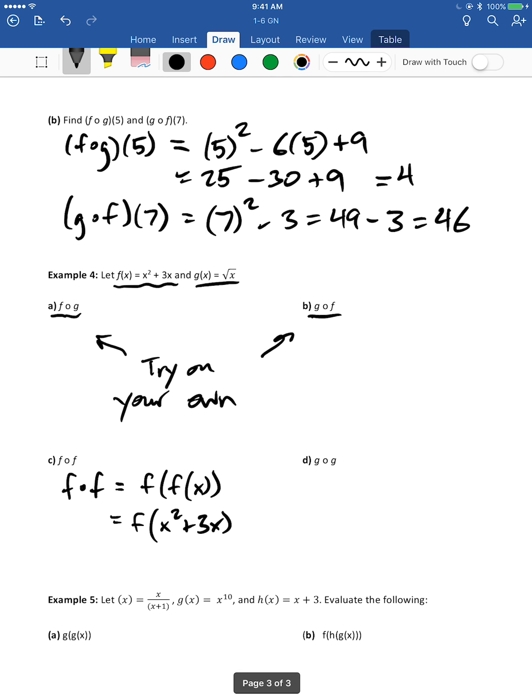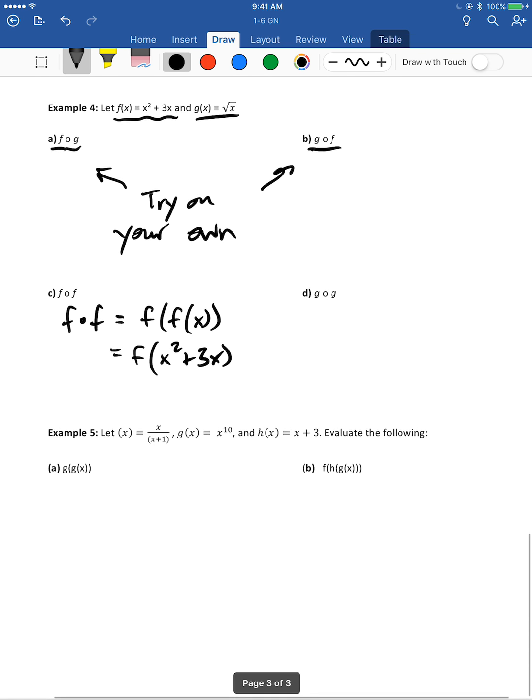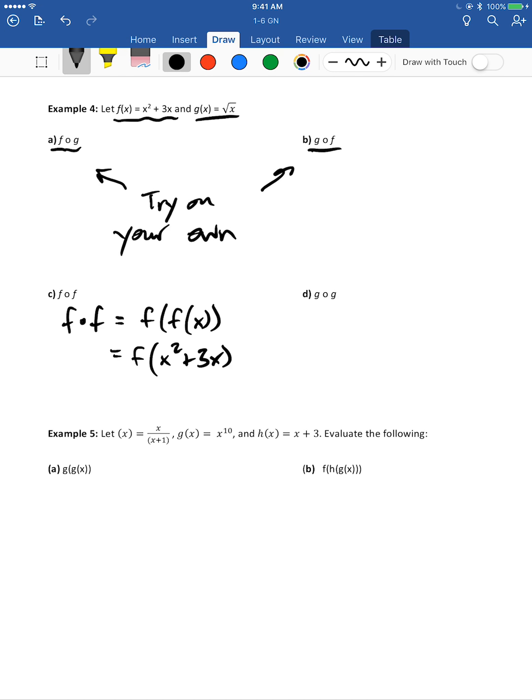So this will not be fun, but we can do it. Anywhere I see an x in f of x, I'm instead plugging in x squared plus 3x. So x squared plus 3x, squared, plus 3 times x squared plus 3x.